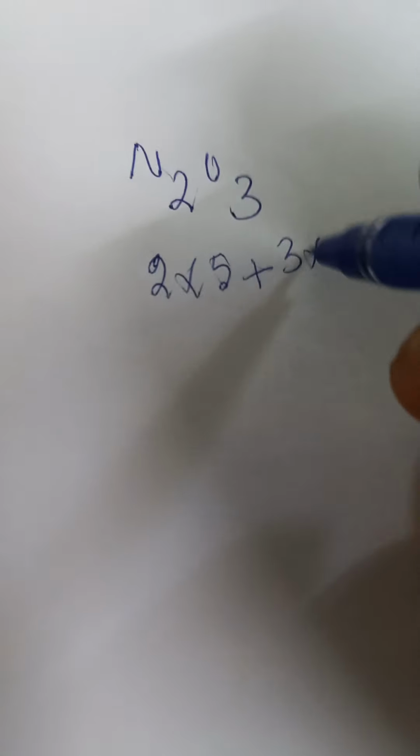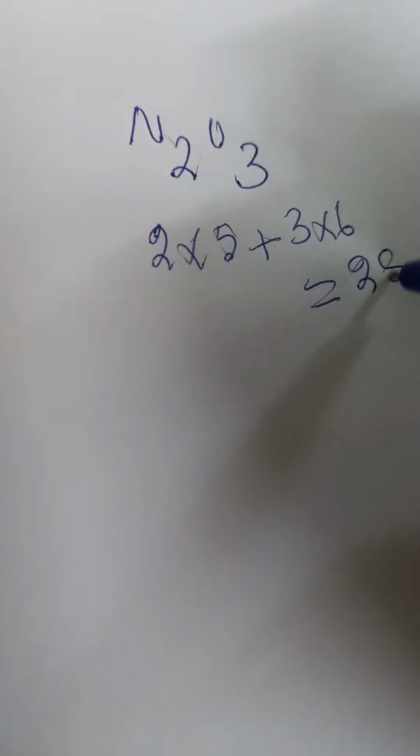Okay, one more structure we can write. Dinitrogen trioxide, N2O3, or nitrogen sesquioxide, the other name. So 2 nitrogen, 2 5s are 10 plus 3 oxygen, 3 into 6, 18, totally 28 electrons present.